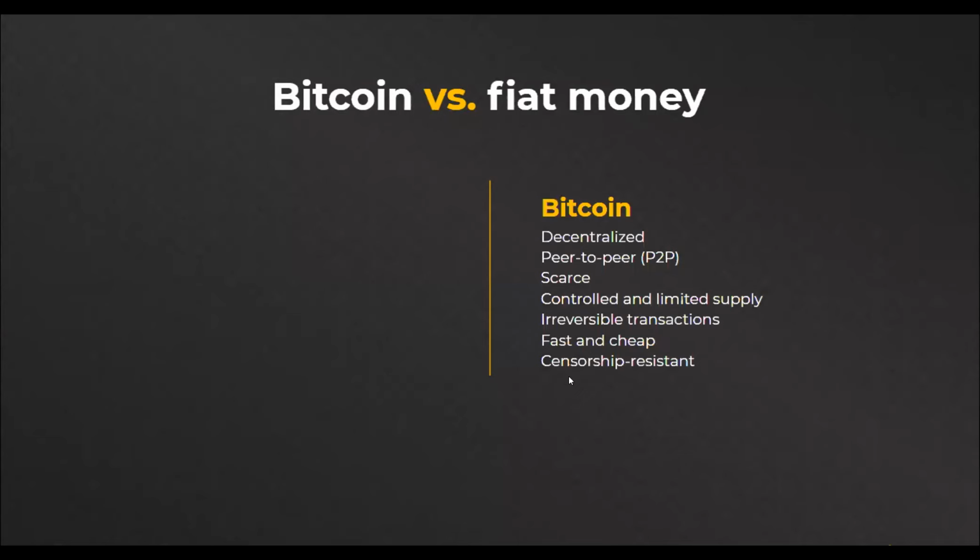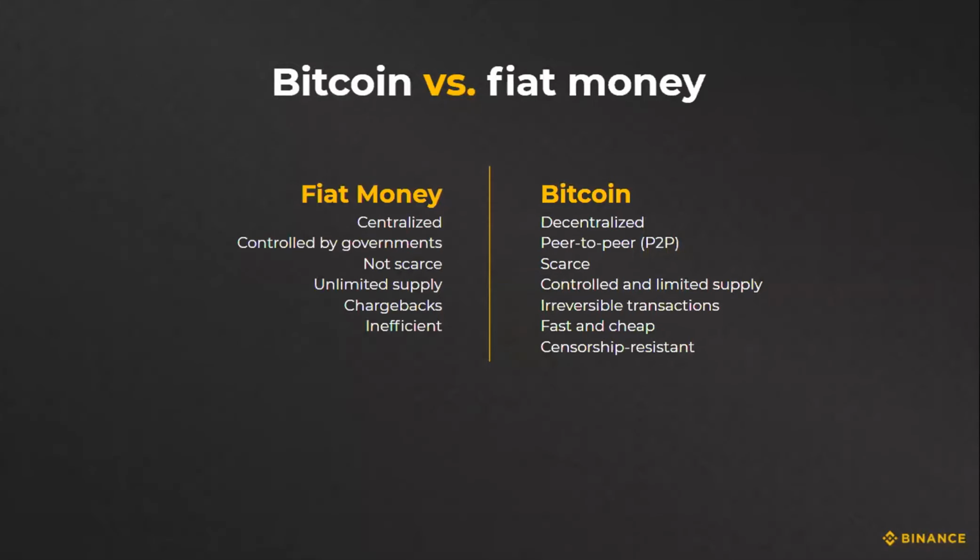And it's quite expensive, because if someone is sending $200, the person will probably receive $180 because they take their fees. But on Bitcoin, it is fast and cheap. You can get it instantly, and the fees are not as expensive as our banks. And then it is censorship resistant. You can't just go and change the information of a transaction.